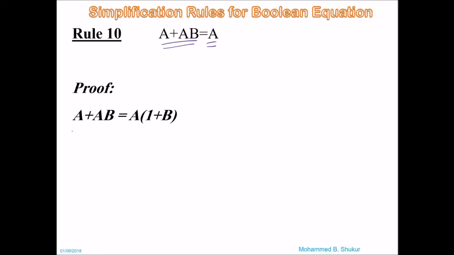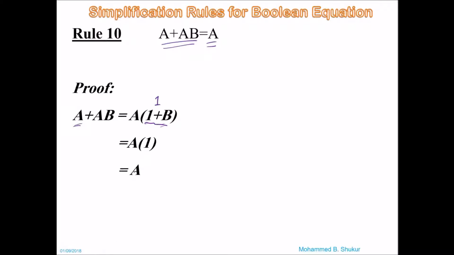So we have A, and from the first term we only have 1, and from the second term we have B. Now from rule number 2 we know 1 plus any variable in logic equal to 1. So here 1 or B equal to 1. So the next step we have A and 1.